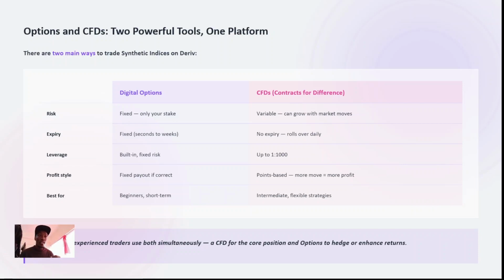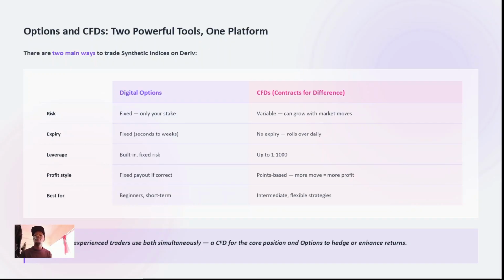So yeah, in digital options, the more the market moves, the amount that you are going to be paid out will be fixed, and if they say that the payout is like 96% of what you risk, if for example you put in like $1, you're going to be paid 0.96 cents, even if the market moves, as long as it's on the side that you predicted.